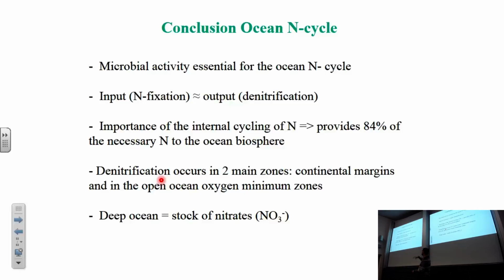Okay? So if that continues, that means we'll have more denitrification, more production of nitrous oxide, and that might enhance the greenhouse gas effect and add to a positive feedback into climate change, which would be bad.